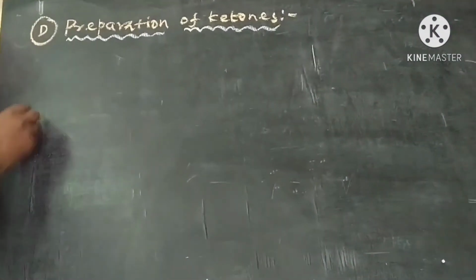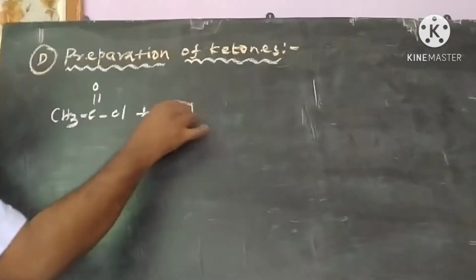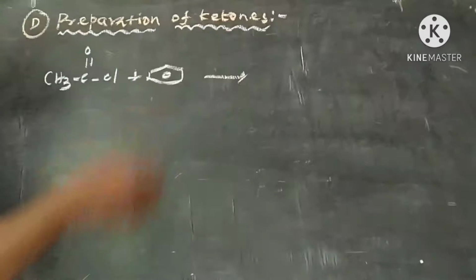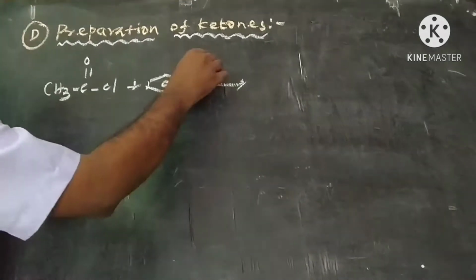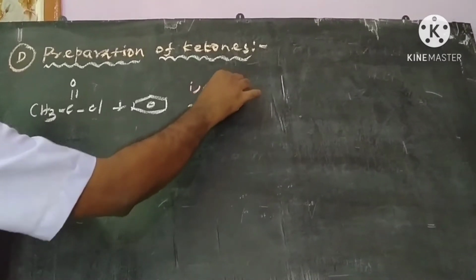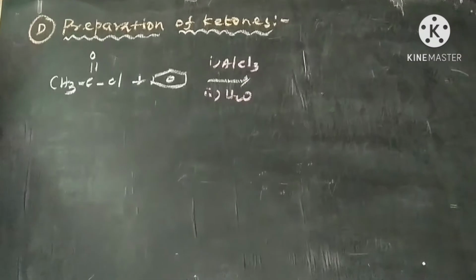The first method: again the same acetyl chloride, CH3C double bond O Cl, reacts with benzene in the presence of AlCl3, Friedel-Crafts anhydrous aluminum chloride. The next step is water, that is hydrolysis.